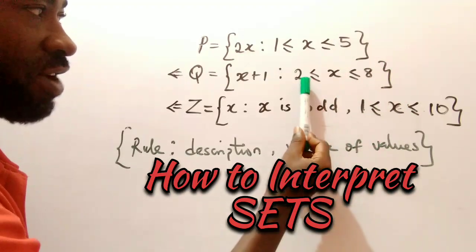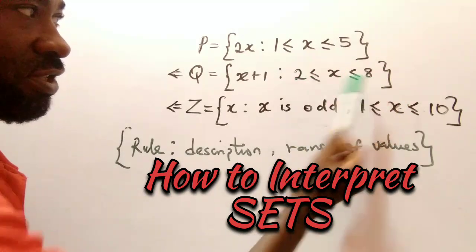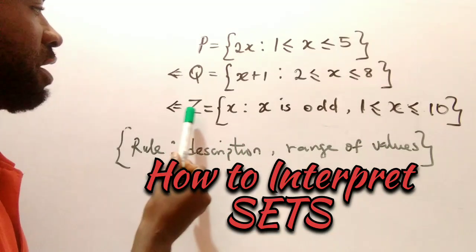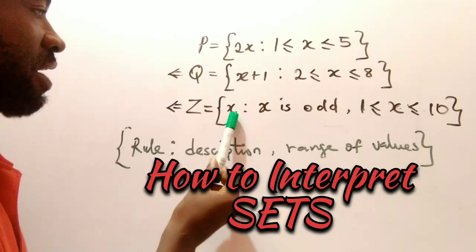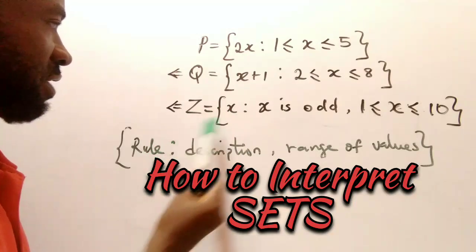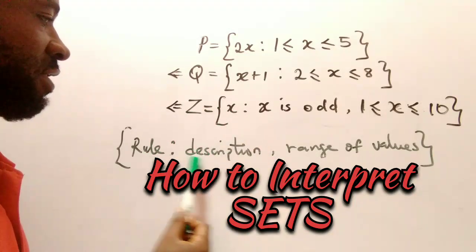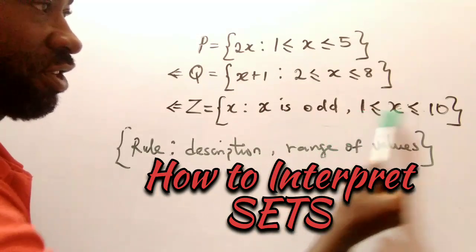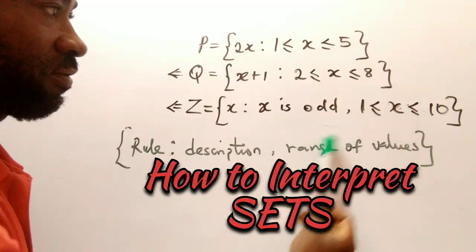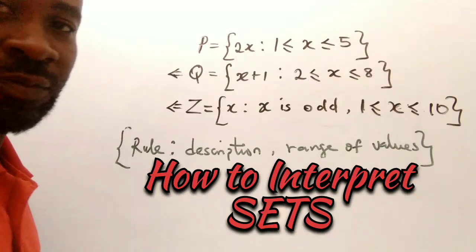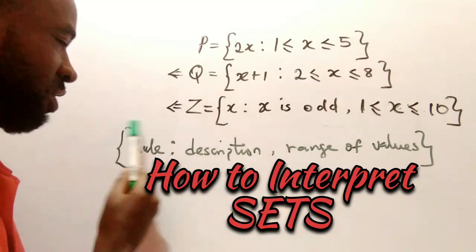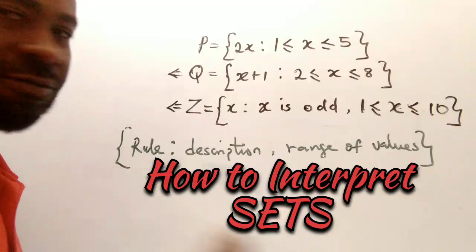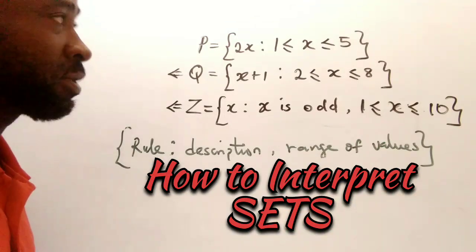The range of values for x is given from 2 to 8. The last one has the rule x. It has a description: x is odd, and the range of values is from 1 to 10. So this is just the basic framework of sets written in such form.